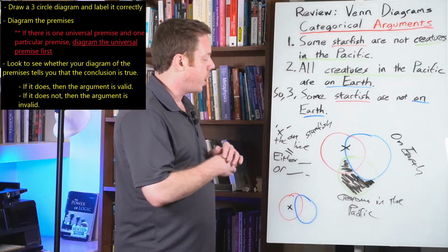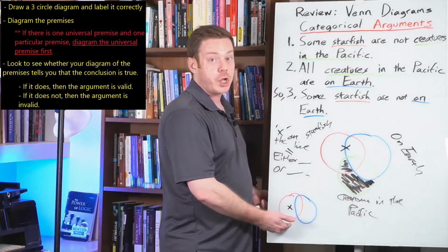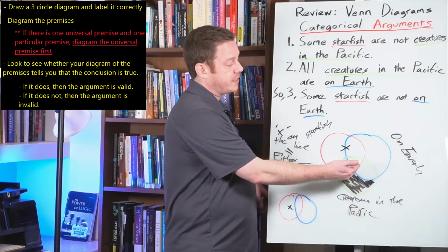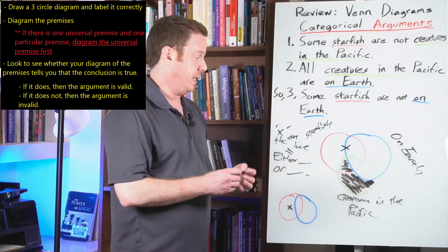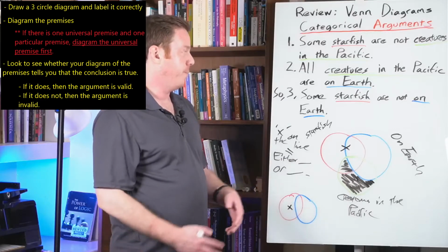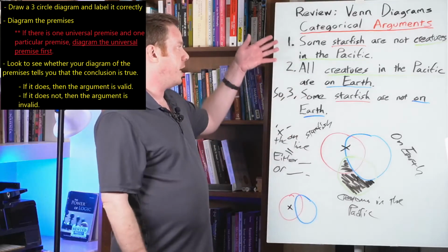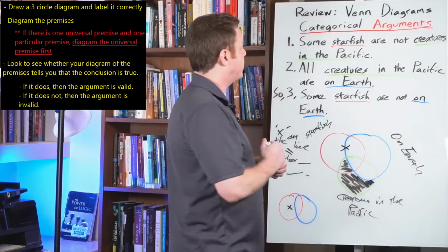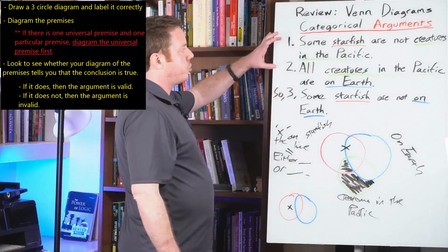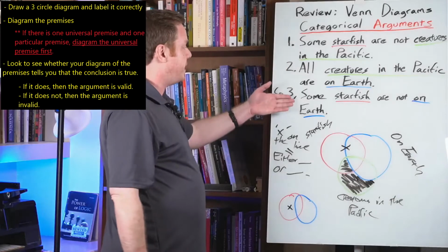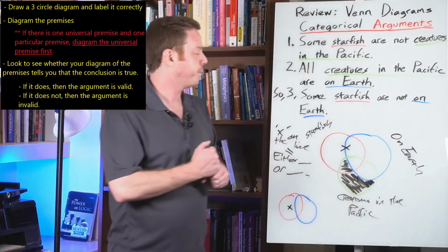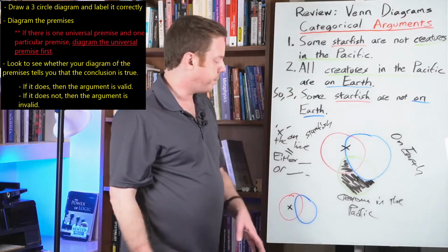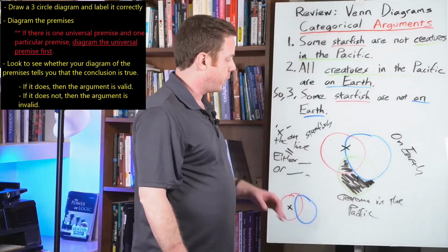So our picture of our conclusion actually has some information that is not already contained in the picture of our premises. It goes beyond them. So the corresponding thing to gather about our argument that now our picture has told us is that if our premises are true, well, that doesn't guarantee that the conclusion is true. A picture of our premises doesn't already have the information of our conclusion.